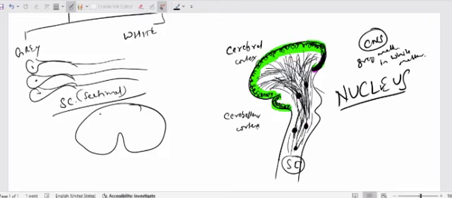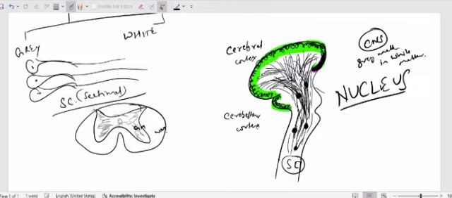I'm just putting a very simple diagram just for your understanding. Do you know that there is gray matter inside here, everyone? Yes, sir. Yeah, very nice. So gray matter is inside and then white matter is outside. There's a central canal, obviously. I'll come to the proper picture of the spinal cord later. So it is gray matter inside and white matter outside here.